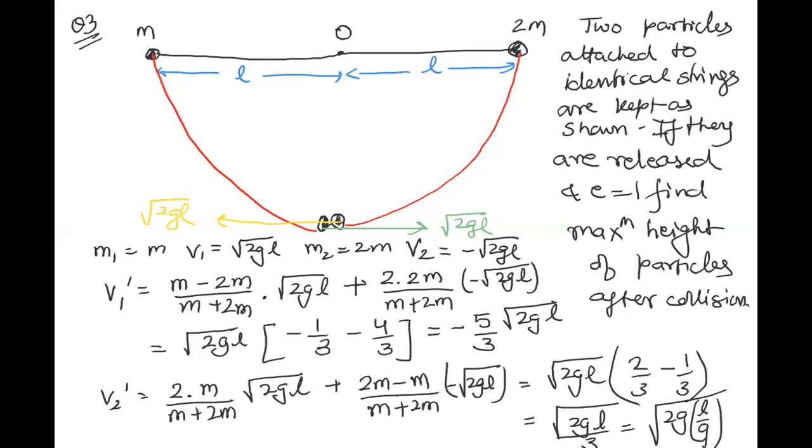Find the answer. So if we are talking about a particle on string, right? So V naught is less than root 2 GL.